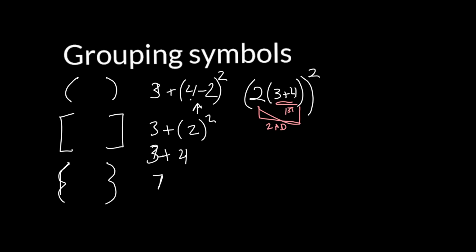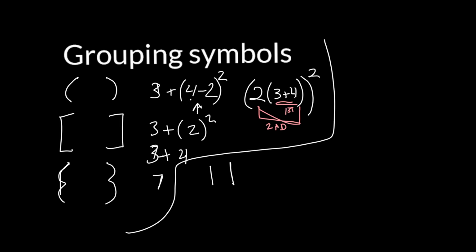But those aren't the only grouping symbols. The other grouping symbols we get: we have the absolute value, where we have maybe 2 times the absolute value of 4 minus 2. And so we would take care of this operation first.